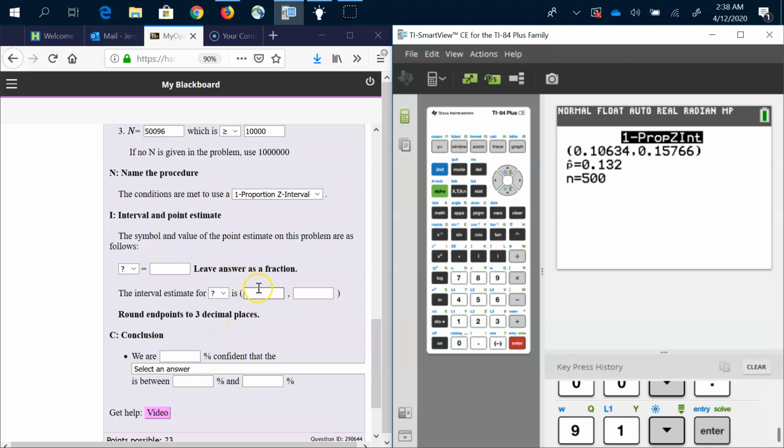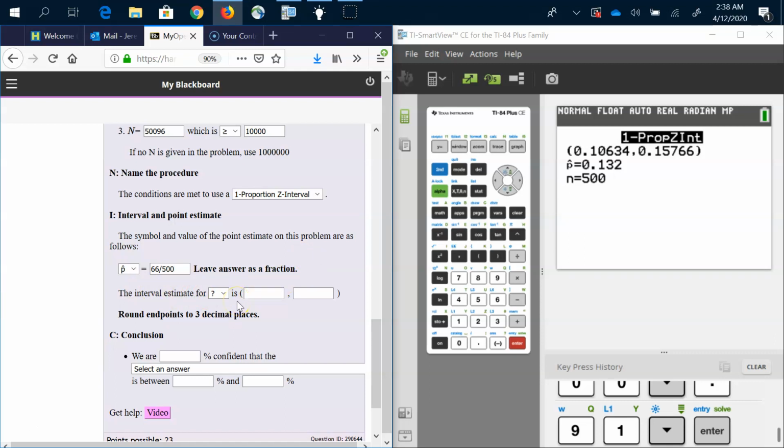All right, so the point estimate, that's p hat, that's our sample proportion. Leave as a fraction, well that's nice, I didn't even need the decimal, but it was 66 divided by 500. I'm not even going to reduce this. Well, at least it doesn't say I had to reduce it, so I'm going to leave it like this. Leave answer as a fraction.